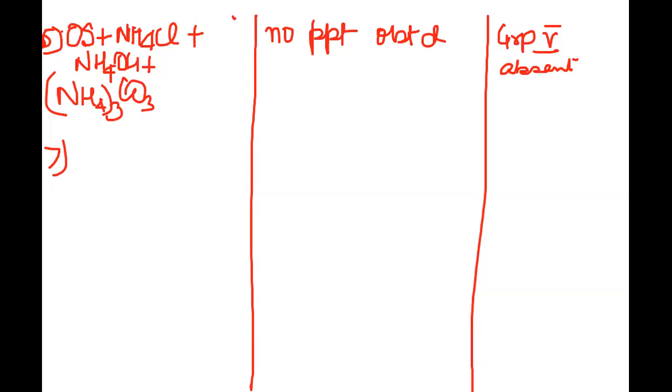All the cations from group 1 to group 5 would precipitate in the reagent that is used for group 6 magnesium ions.